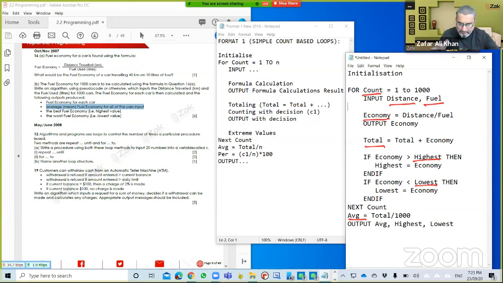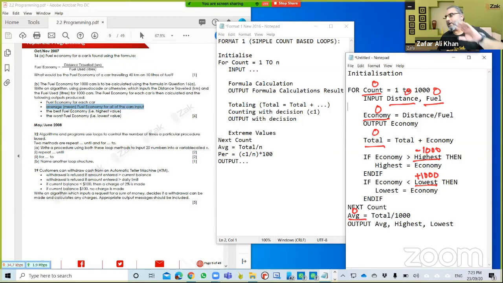Now we will initialize all these. We will initialize count to 0, distance 0, fuel 0, economy 0, total 0, highest minus 1000, and lowest plus 1000, and average 0.